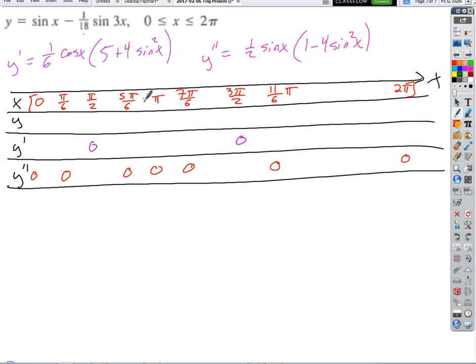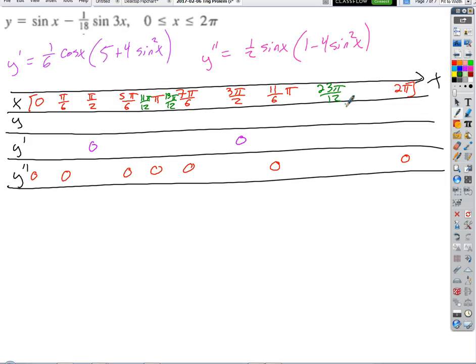So we'll make this like 11/12 pi and this one will be 13/12 pi. And then we can use this guy in between those two. And then here we'd have to do something like 23/12.